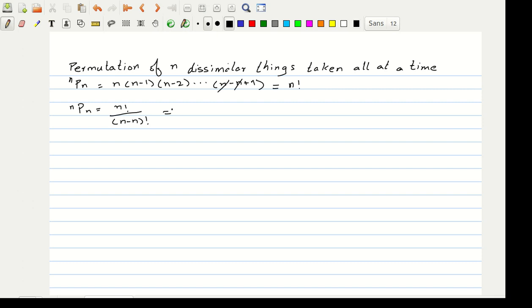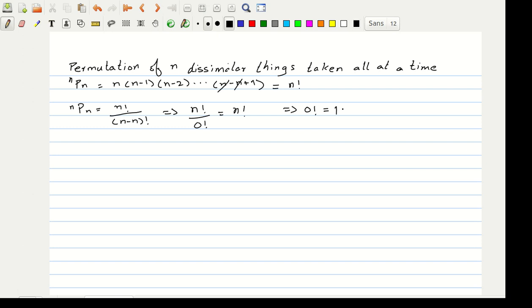This means that this value should be equal to n factorial divided by 0 factorial. And what is this value equal to? From before, this value is equal to n factorial. So what should be the value of 0 factorial? It means that 0 factorial should be equal to 1. Remember this: 0 factorial is always equal to 1.